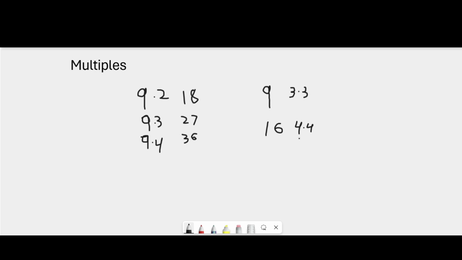But it's also a multiple of 2 because you can have 2 times 8, and it's a multiple of 8, because you can have 8 times 2. So it's a multiple of 4, it's a multiple of 2, it's a multiple of 8.